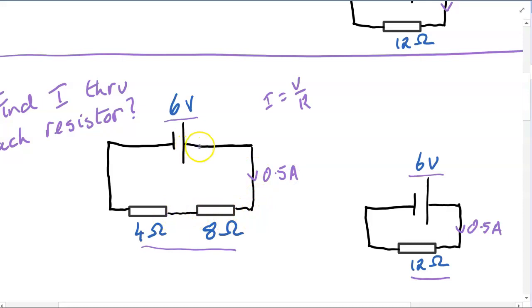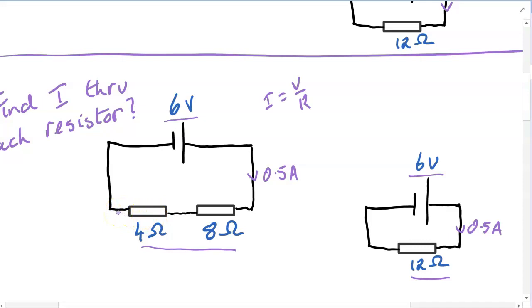And again, tracing, this is a simple thing to do, but it really shows you when the current splits or when it doesn't split. If I go from one side of the battery all the way around to the other side, I have to go through both those resistors. So if I have half an amp coming out here, I have to have half an amp flowing through this resistor and half an amp flowing through this resistor.